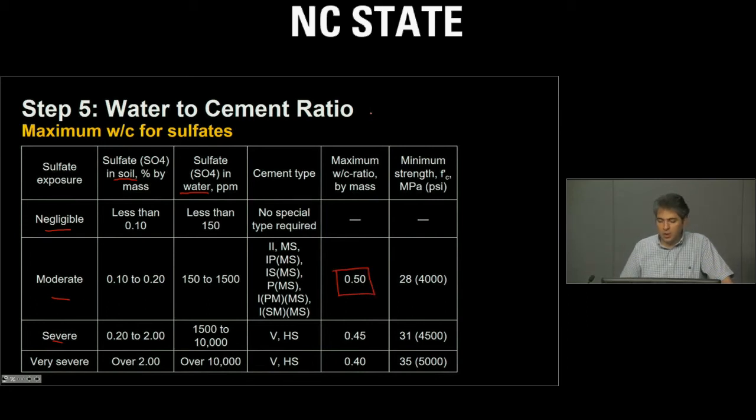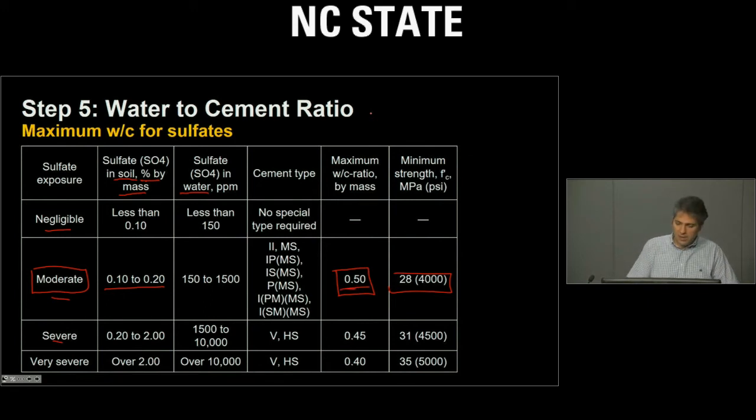Now, in those particular cases, a maximum water-cement ratio and minimum strength is specified. For example, if we have a moderate sulfate exposure, and we can measure that by percentage mass of soil, for example, 0.1 or 0.2, in those cases we have to use a maximum water-cement ratio of 0.5.